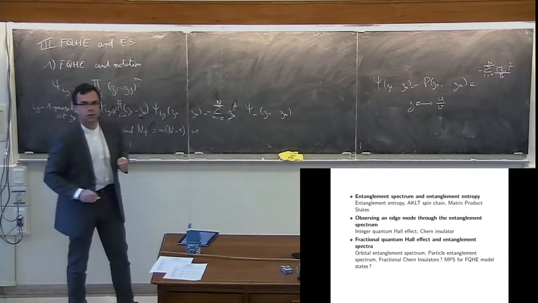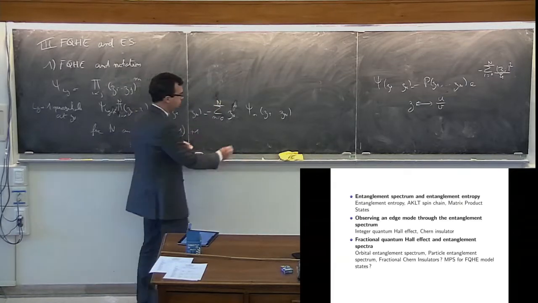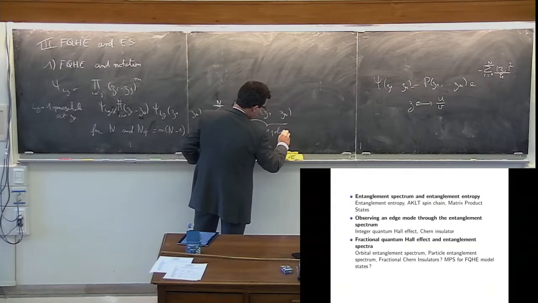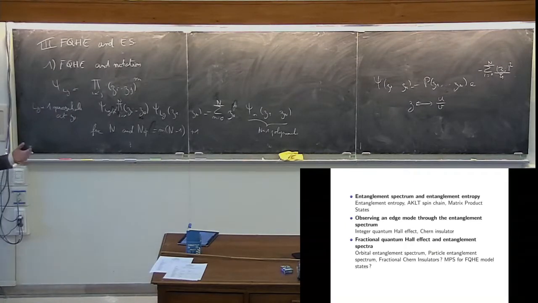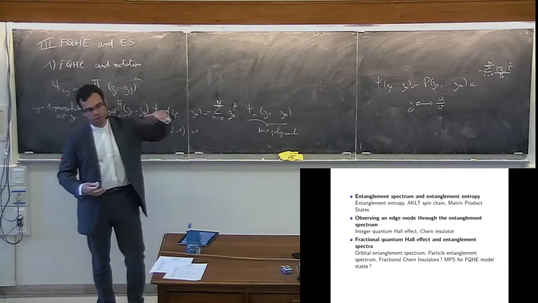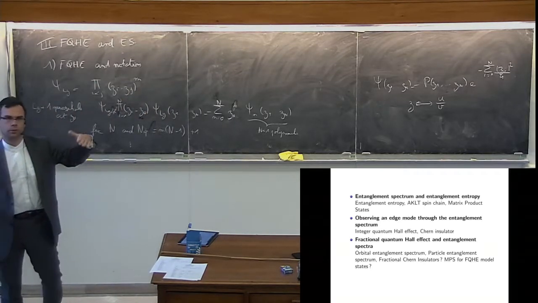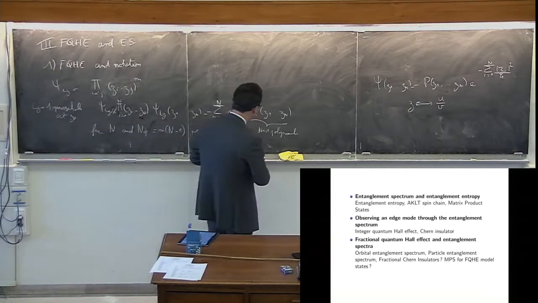And how many do you have? Well, you will get N plus 1 polynomials. They are all linearly independent. If you check when you decompose, these polynomials have different momenta, so they are by construction orthogonal. So they are all linearly independent.